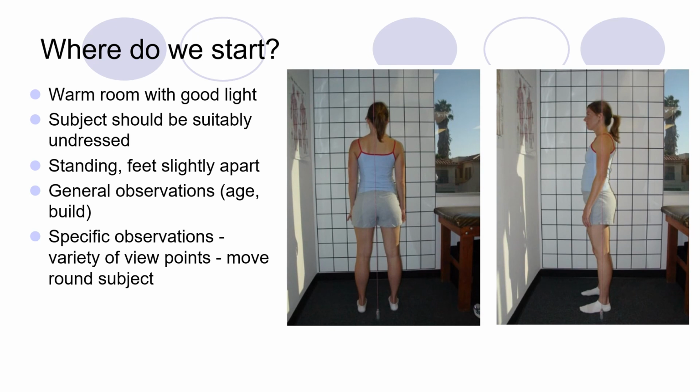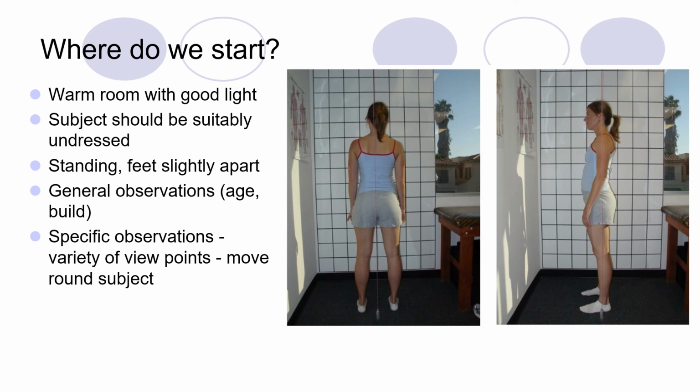When assessing posture or for any sort of clinical examination, always ensure that the room is well lit and that it is comfortable. The patient should be suitably undressed so that you are able to observe the body regions concerned. However, always be sensitive to the personal and cultural preferences of the patient as well, and adapt your approach accordingly. To assess the person, get them to stand with their feet slightly apart.